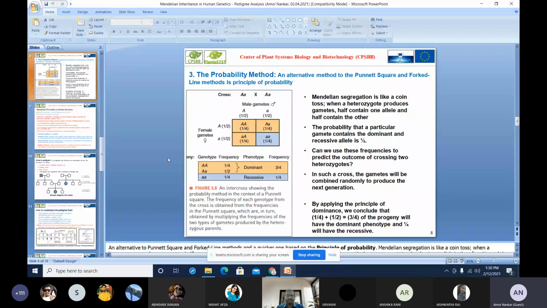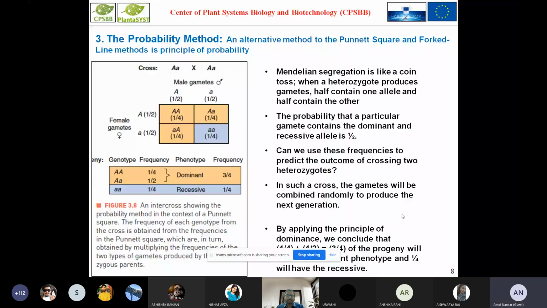I think there was an error with my mouse. Can you hear me? Yes, capital A, small a, 2 by 4. Deepak, can you hear me? Yes, yes. Okay, sorry, there was an error with the mouse.